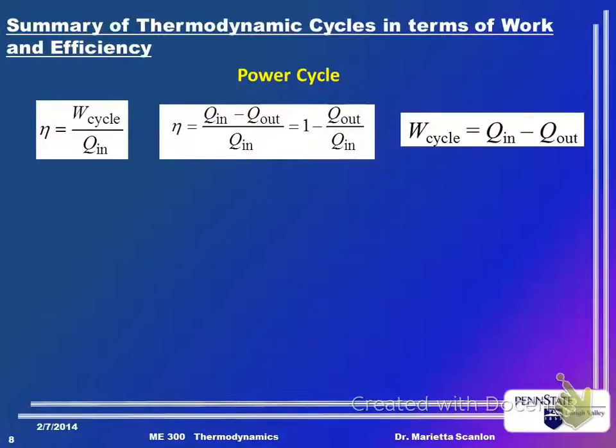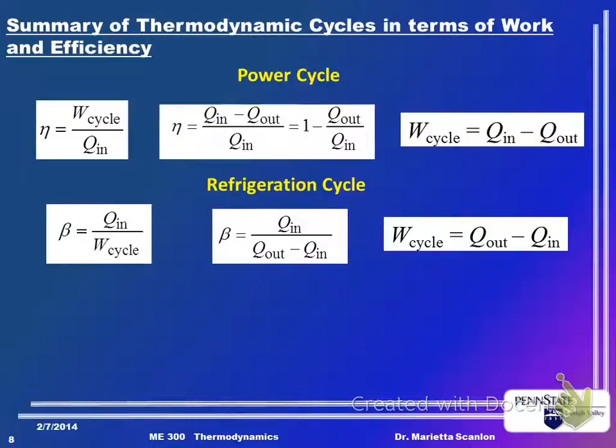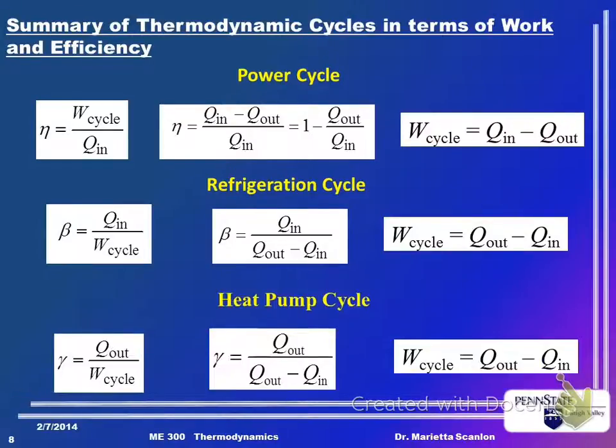For a refrigeration cycle, we use beta as the coefficient of performance. Beta is Q in over work cycle, and work cycle is Q out minus Q in. Beta can be greater than 1. For a heat pump, we use gamma, Q out over work cycle.